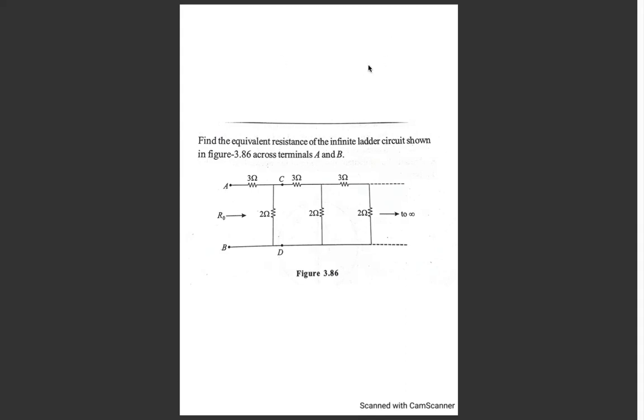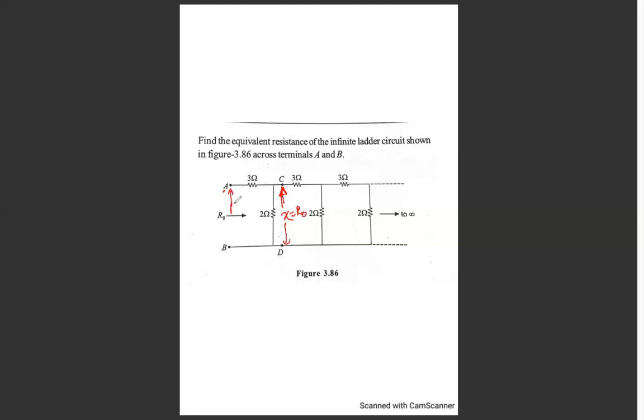As we know, when we solve an infinite resistance circuit, anything that is connected to the right hand side of it is going to infinity. So if you just remove a single branch, one branch, two branches, it is not going to have a large impact. The same thing we have already done with the capacitance also. So I'm going to put this as X, or X is equal to R naught.